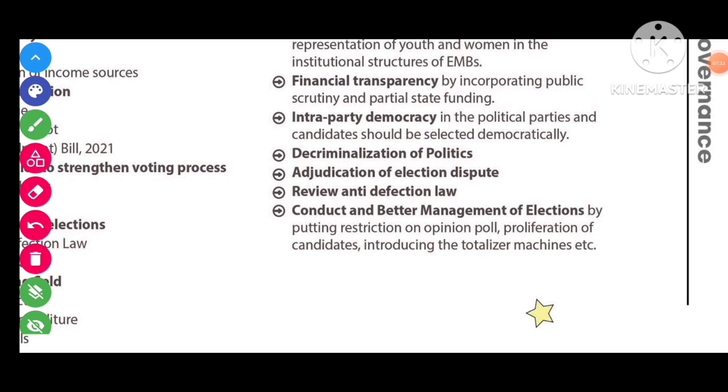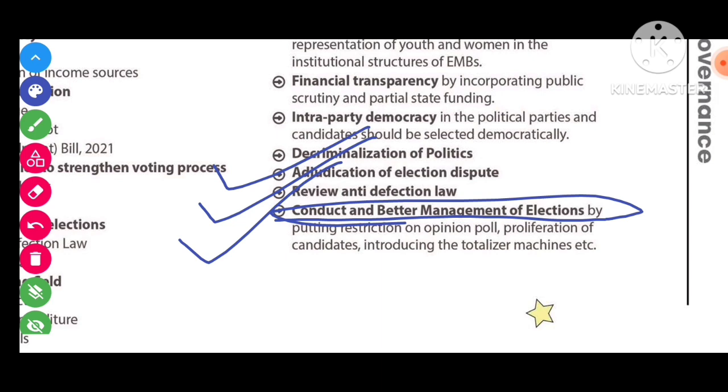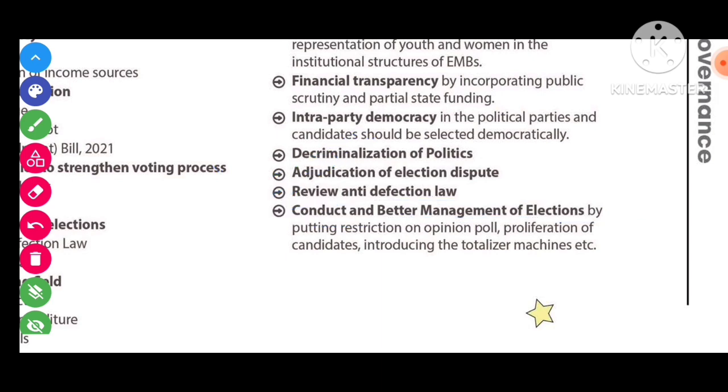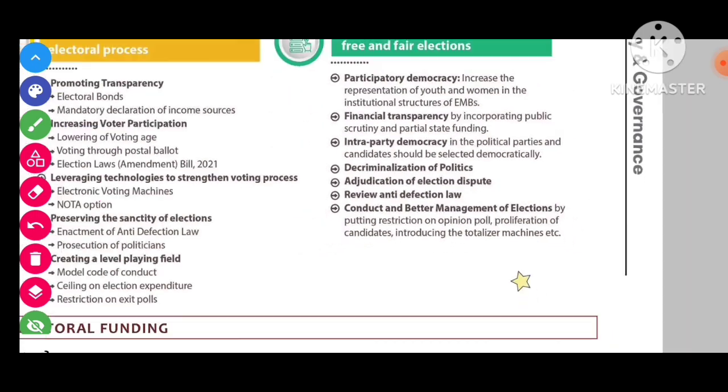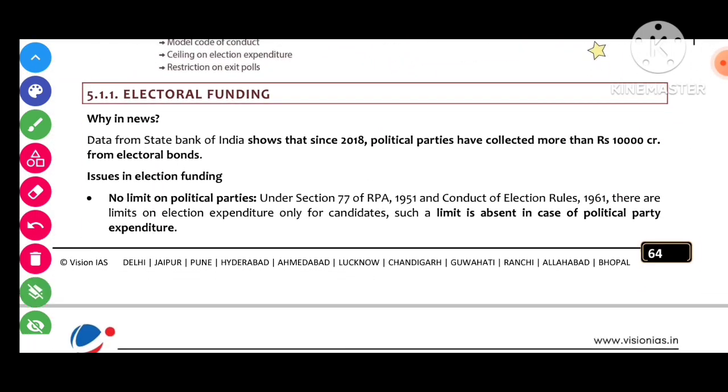So these are the two systems that are conducted in India for election purposes. Also decriminalization of politics, adjudication of election disputes, and review of the anti-defection law, and conducting better management of elections by putting restrictions on opinion polls, proliferation of candidates, and introducing totalizer machines. So remember this.